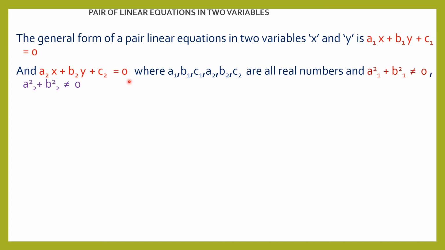Here, what is the condition? a1 not equal to 0, b1 not equal to 0. Clear? a1, b1, c1, a2, b2, c2 are real numbers, and a1 not equal to 0, b1 not equal to 0, a2 not equal to 0, b2 not equal to 0, and a1 square plus b1 square not equal to 0, a2 square plus b2 square not equal to 0.